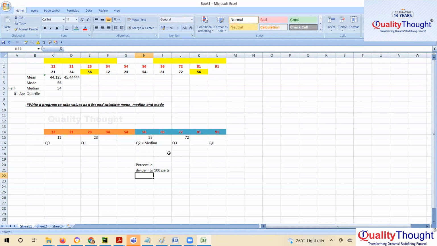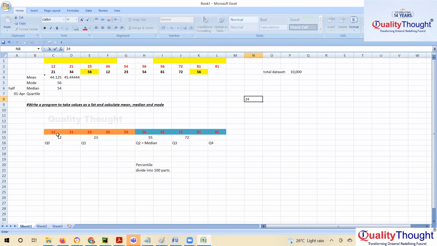Now let's say the total number of the data set is 10,000. How many values will be in each percentile? 100.